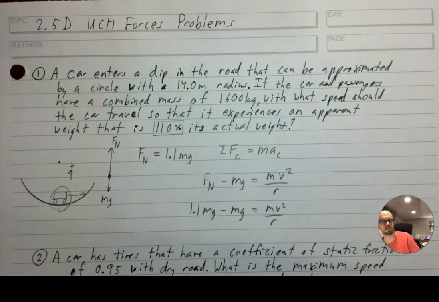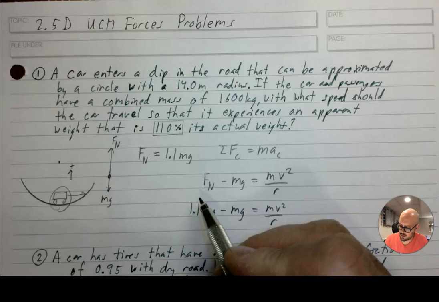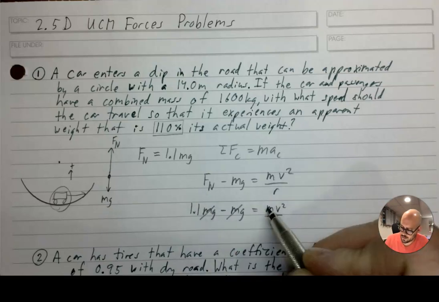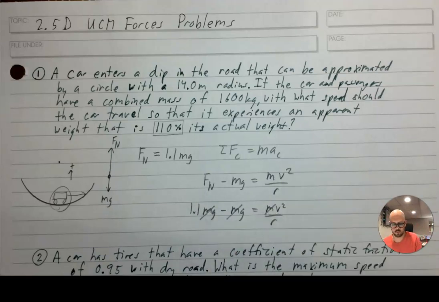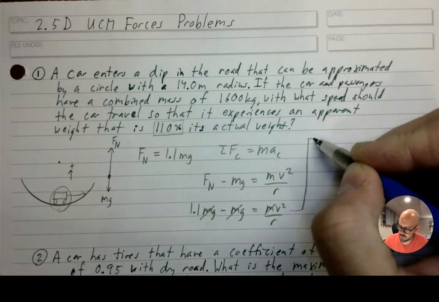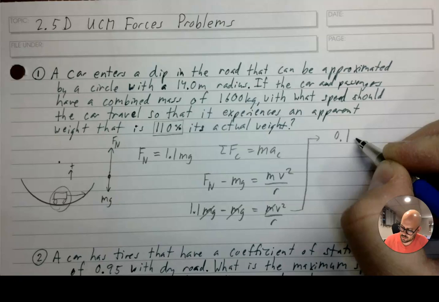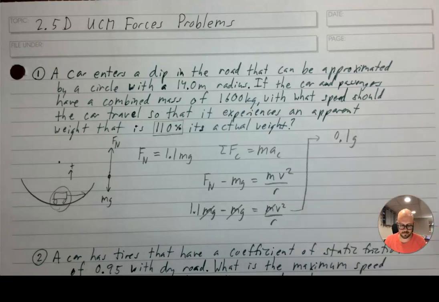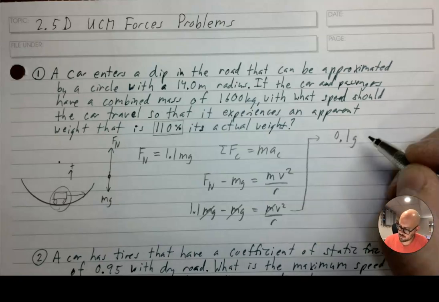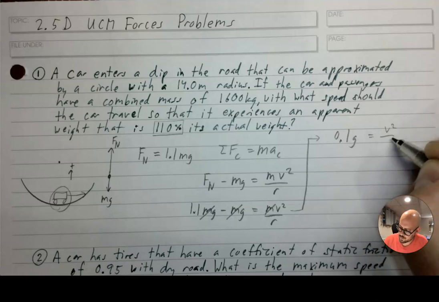Every term in this equation has mass in it, so I can divide the entire equation by m, and that m will go away. I'm left with 1.1 g minus g, which is just going to leave 0.1 g behind. And on the right-hand side, that's equal to v squared over r.